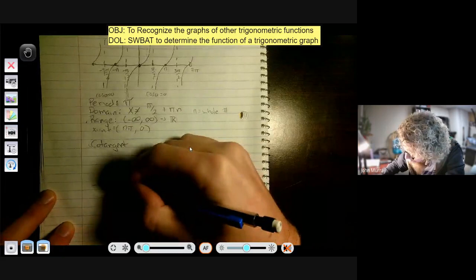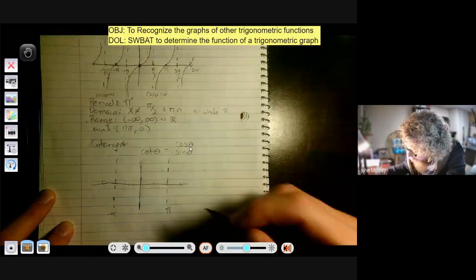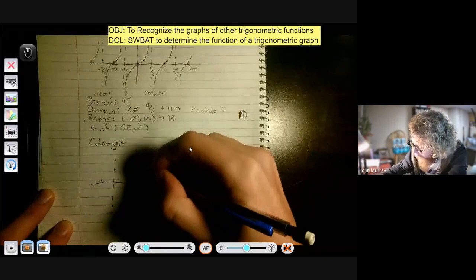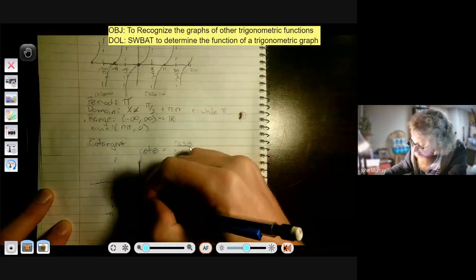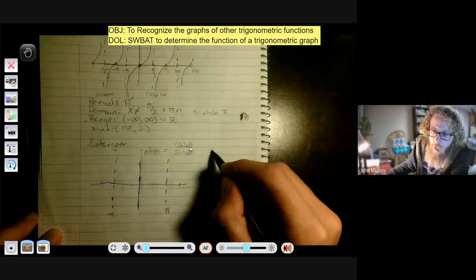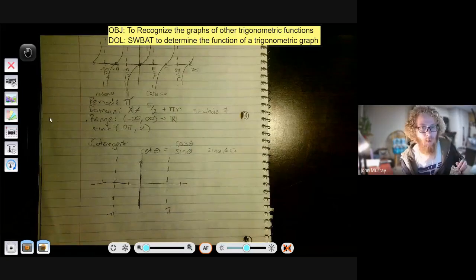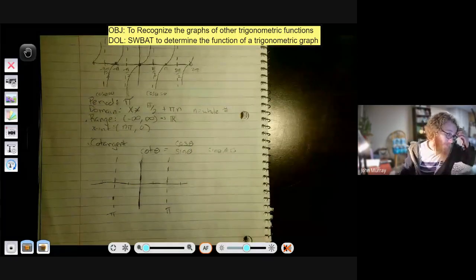So here at pi, here at negative pi, here at 0, it's kind of hard to see when I try to make a dotted line there. Okay, so we have that sine can't equal 0.